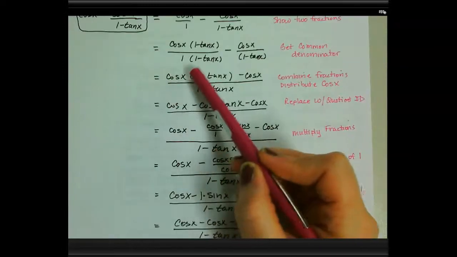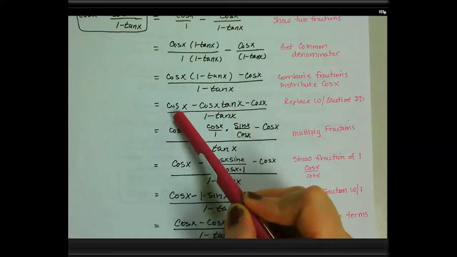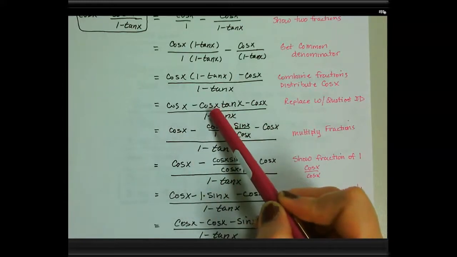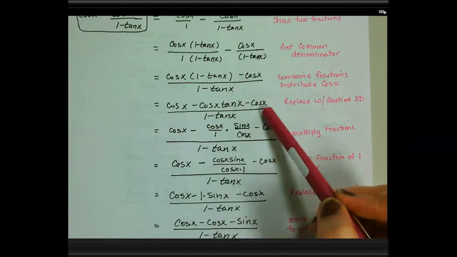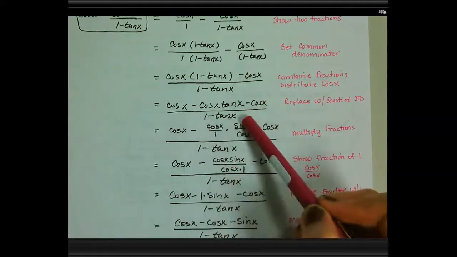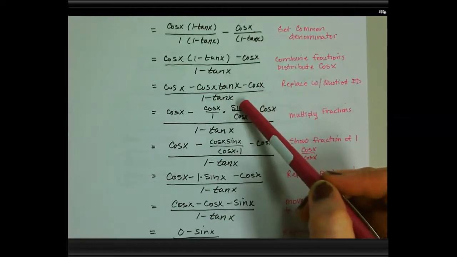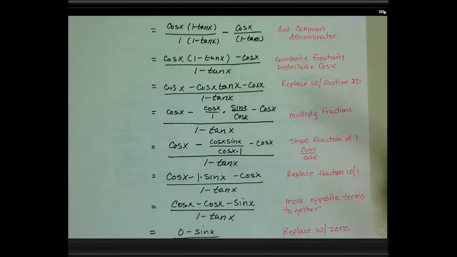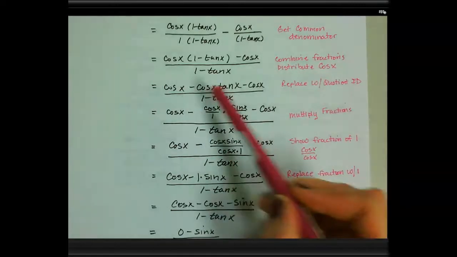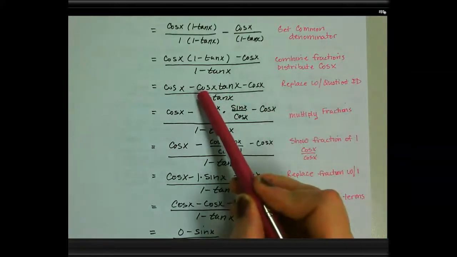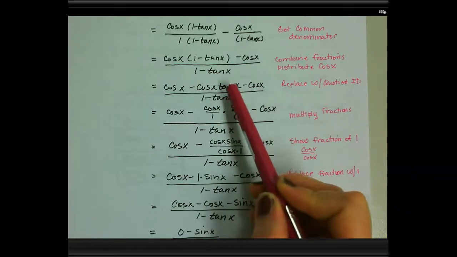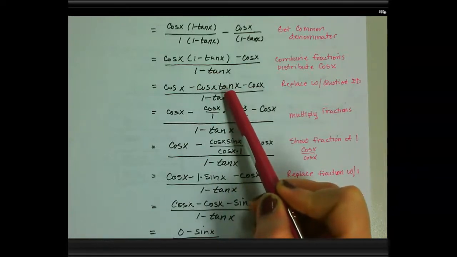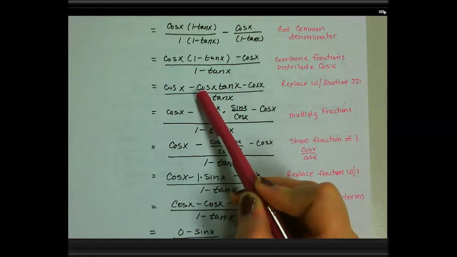So now I'm going to distribute through. So I can do cosine x minus cosine x tan x minus cosine x all over 1 minus tan x. So now we're going to replace, because I need to kind of separate things out. So since this is a product in here, and I know that tangent is sine over cosine, that cosine on the bottom would have something to do with this cosine on the top.